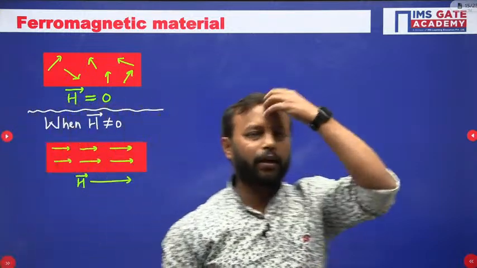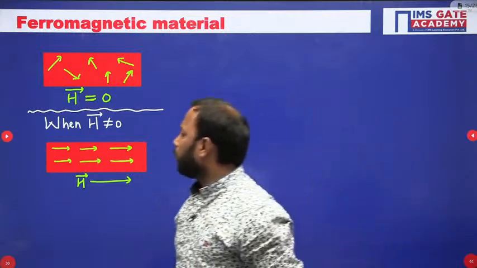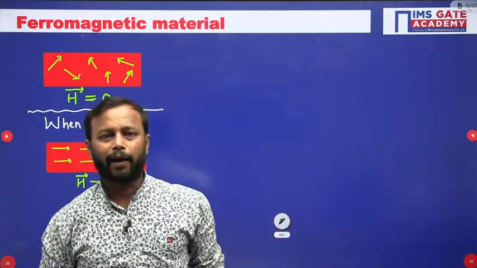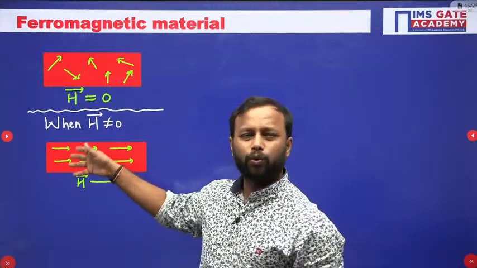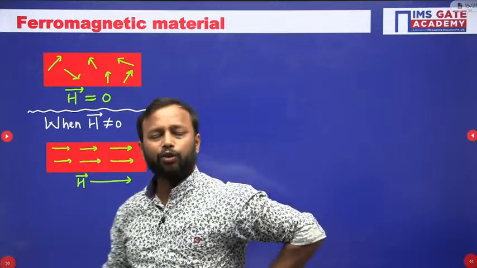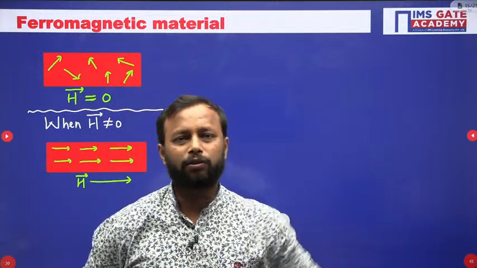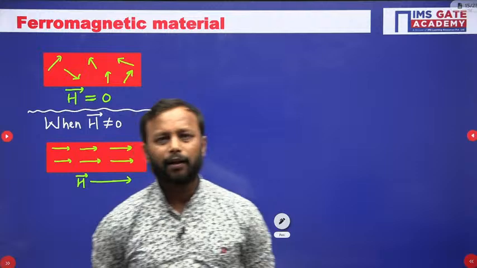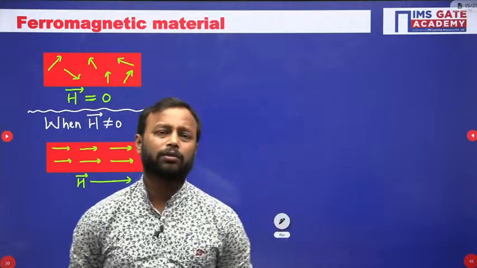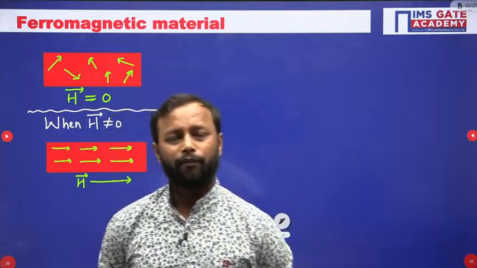Now some of you are thinking, sir, then what is the difference between the ferromagnetic and the paramagnetic, because these two seem to be the same? There is a huge difference. And what is that? The number of unpaired electrons. As I discussed in the paramagnetic, the unpaired electrons are going to give you the dipoles.